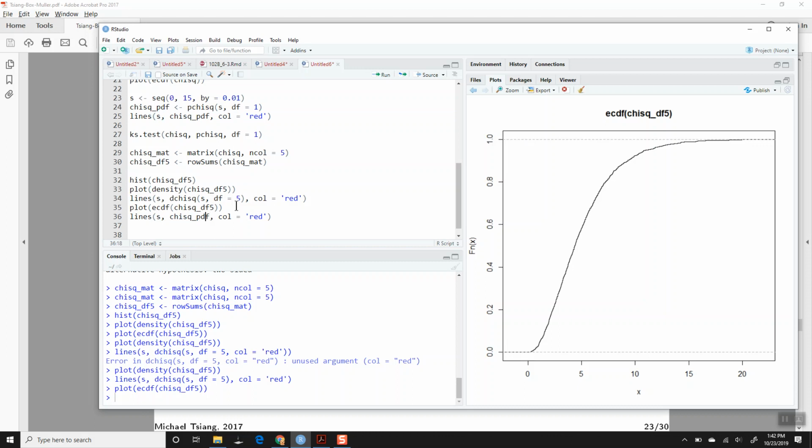Lines, we want the chi-square PDF, whoops, with 5 degrees of freedom.